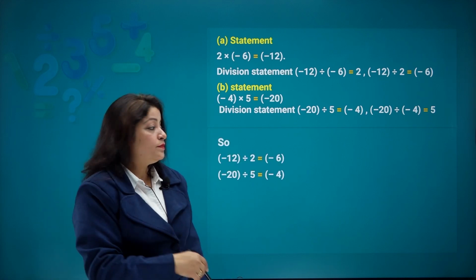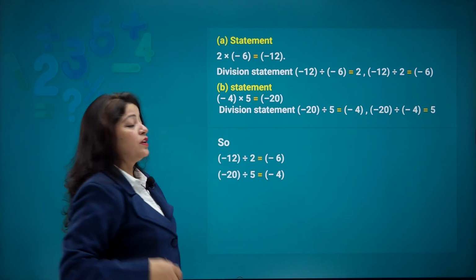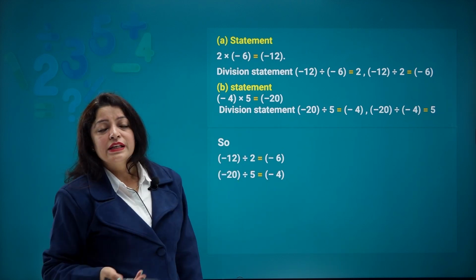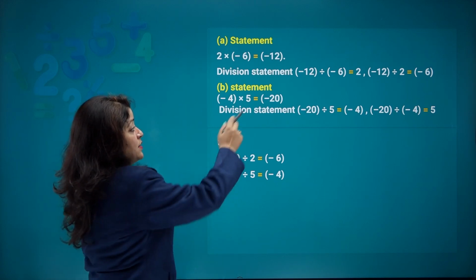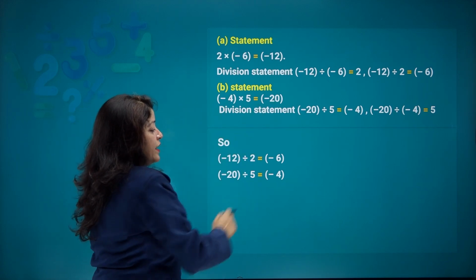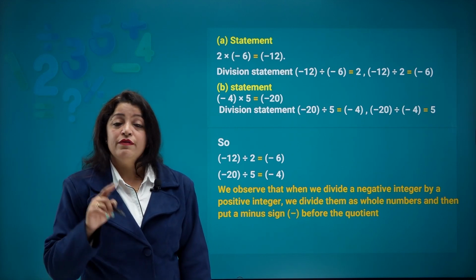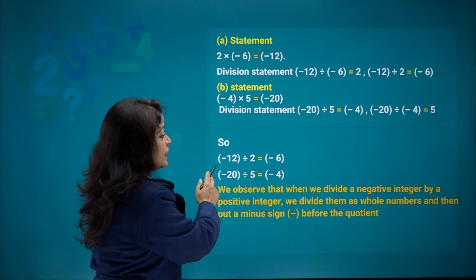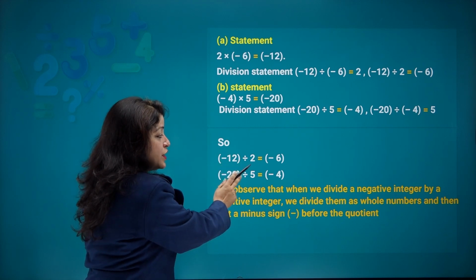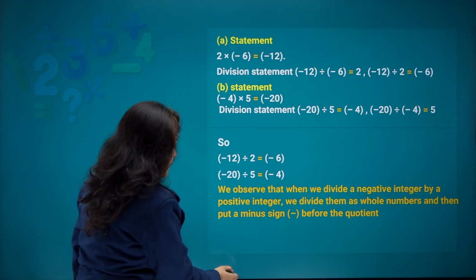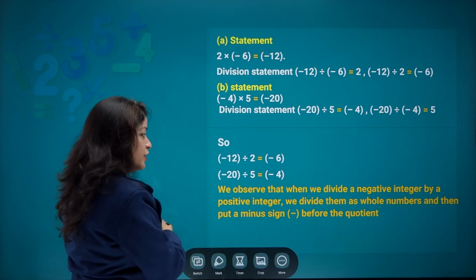So, if this is the question given to you, like minus 12 divided by 2, you can say the result is minus 6. Similarly, minus 20 divided by 5, the result is minus 4. We observe here that when we divide a negative integer by a positive integer, we divide them as whole numbers. Let me make it more clear to you.